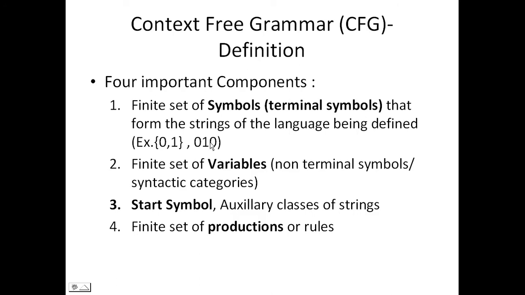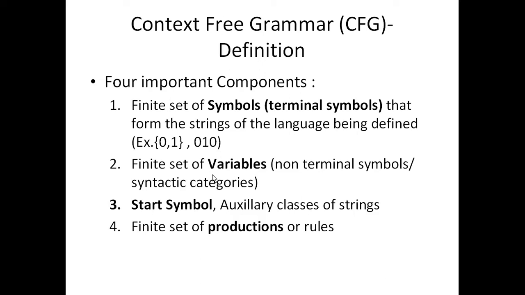Secondly, there is a finite set of variables, also called the non-terminal symbols or syntactic categories. In our example, if we say P is the variable which represents the class of palindromes over the alphabet 0, 1, then a variable is the one which represents the class of the language.